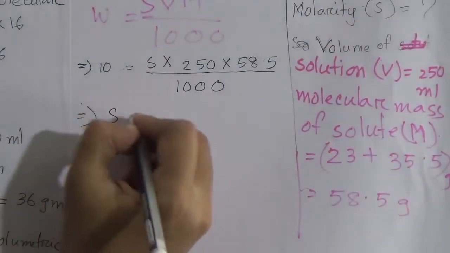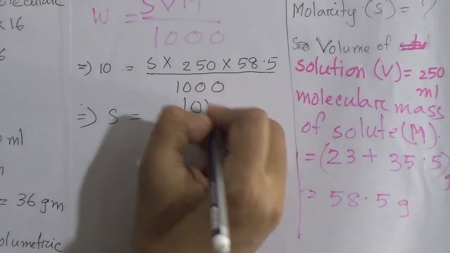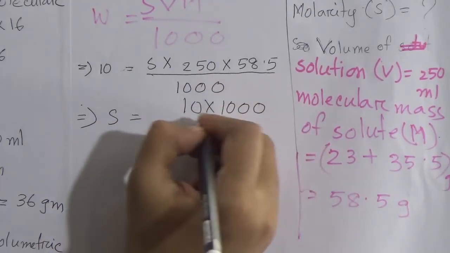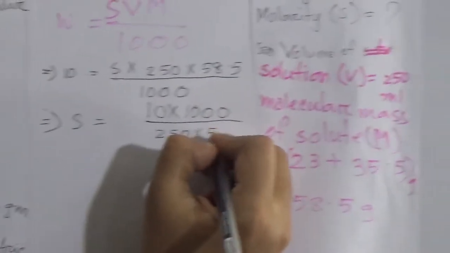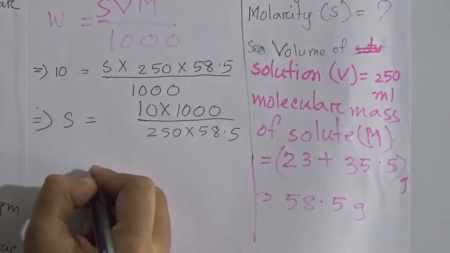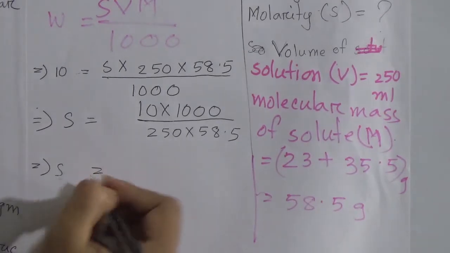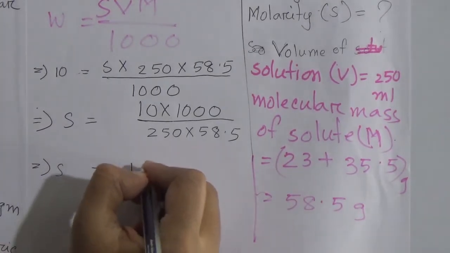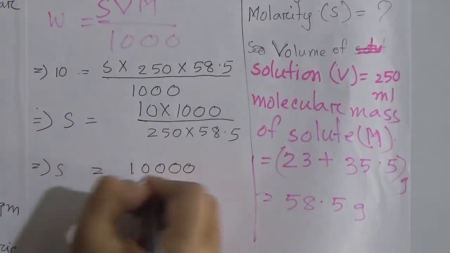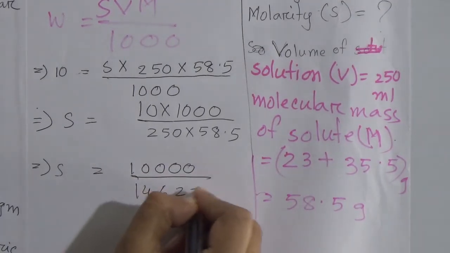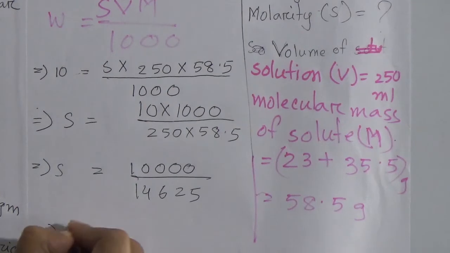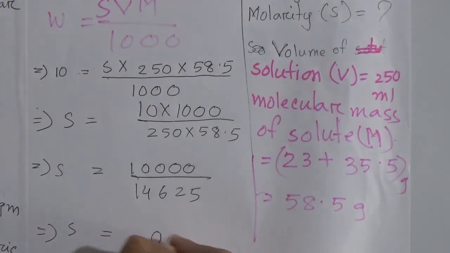S is equal to 10 multiplied by 1000 divided by 250 multiplied by 58.5, and S is equal to 10,000 divided by 14625, or S is equal to 0.68.